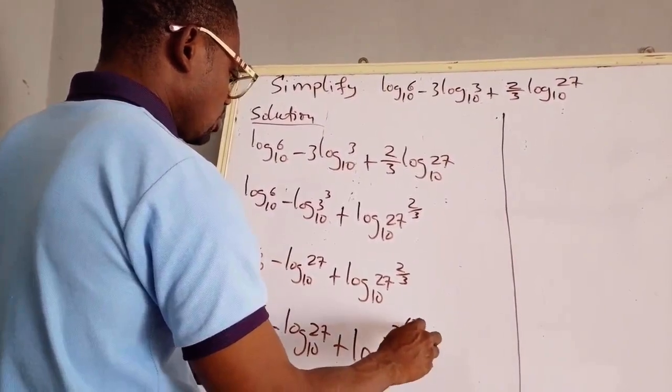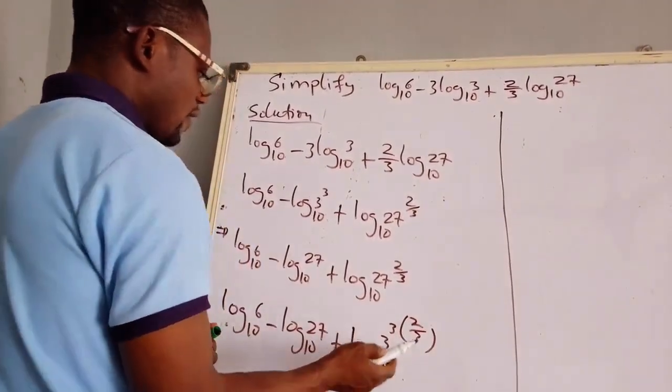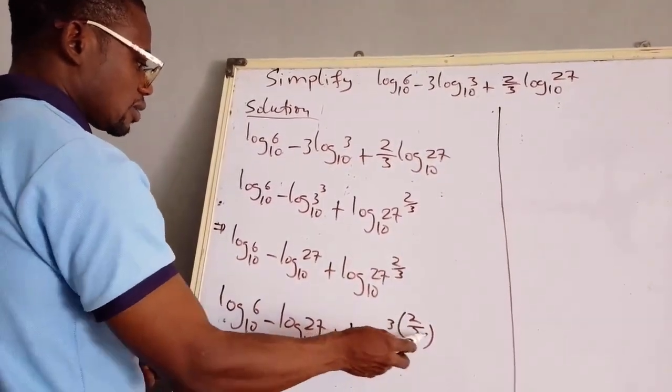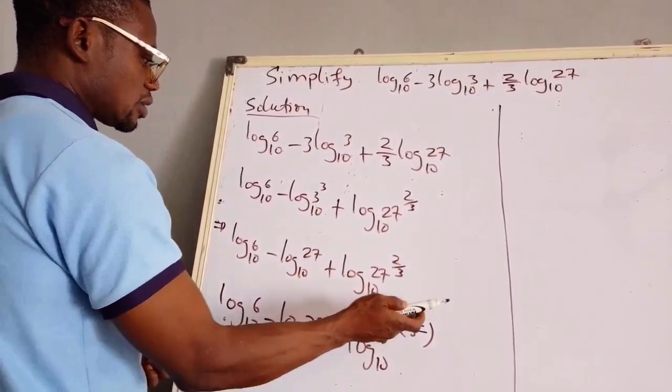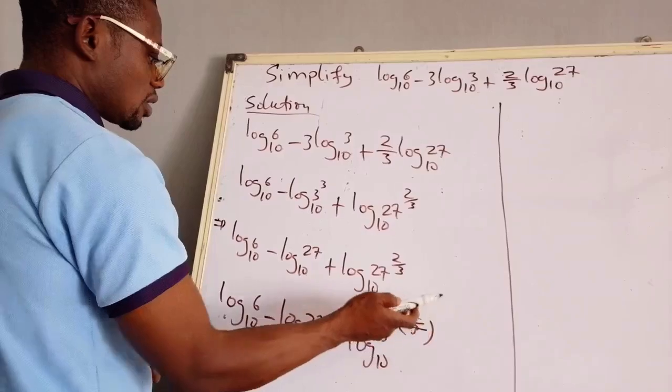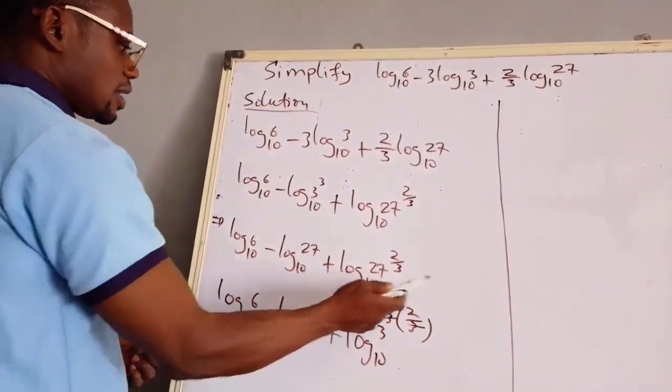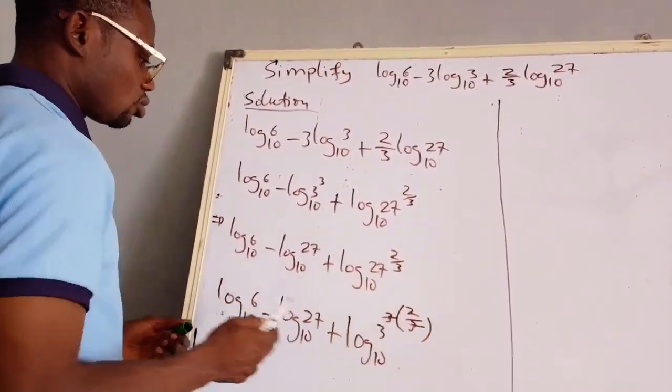And this one will now be put to the power of 2 over 3, finding a way of reducing this. So this is what I'll do so that we cancel this now. Because 3 times 2 over 3 will give you 2. Alright? This 6 divided by 3 is 2.